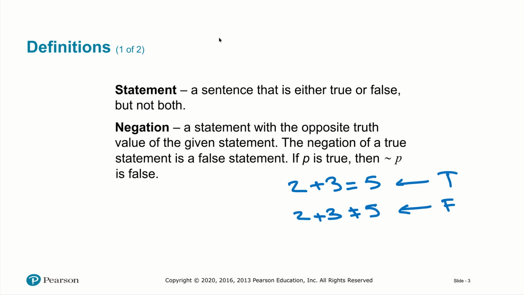On the other hand, suppose I say 2 plus 3 is 6. Now we know this is false. So if we negate that and we say 2 plus 3 does not equal 6, notice that the negation of that false statement now becomes true.